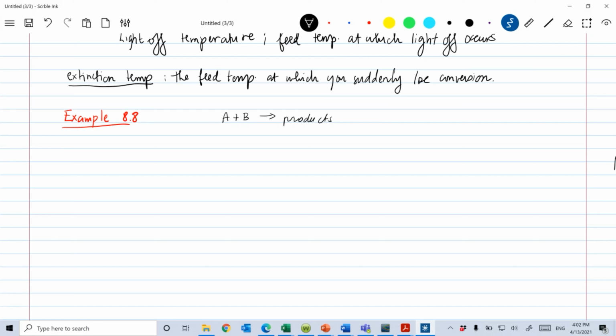It gives you an FA naught of 2,000 mole per hour and a volume of 10,000 liters. And it gives you a mole fraction YA of 0.2, so it's 80% B being fed.